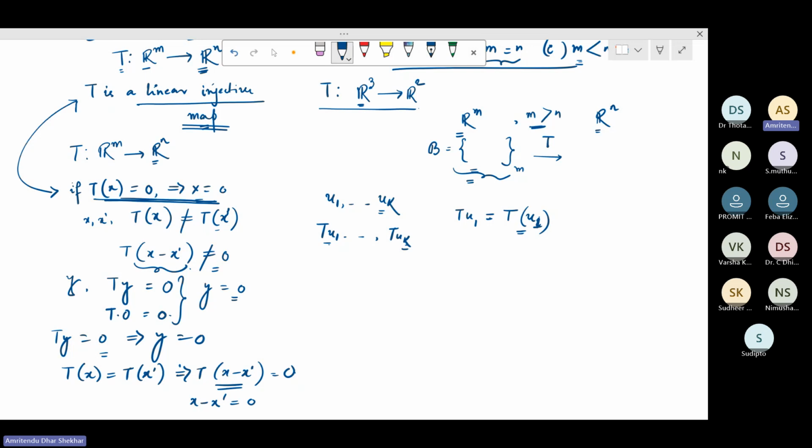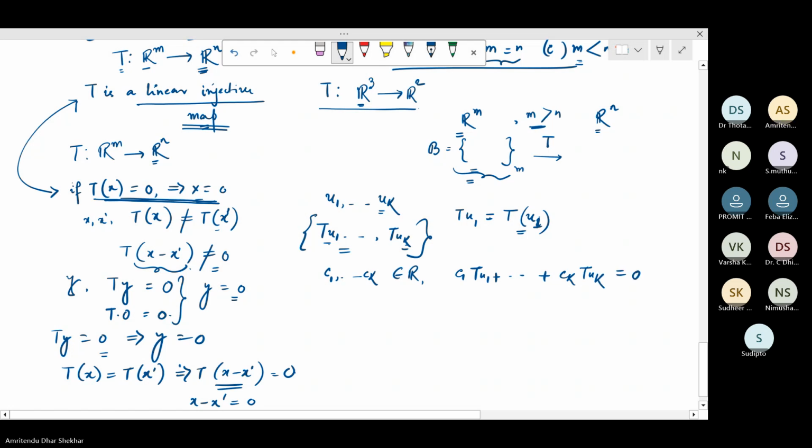So here also let us assume that there exists such a linear combination that kills off this collection. Which means that I can find these scalars C1 up to CK such that C1 TU1 plus CK TUK is equal to 0.